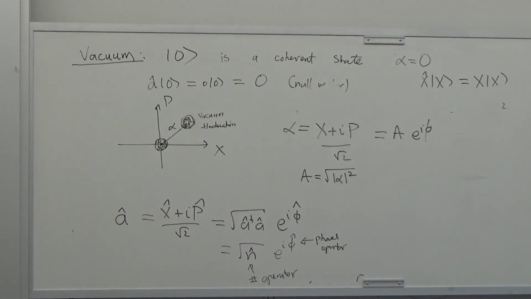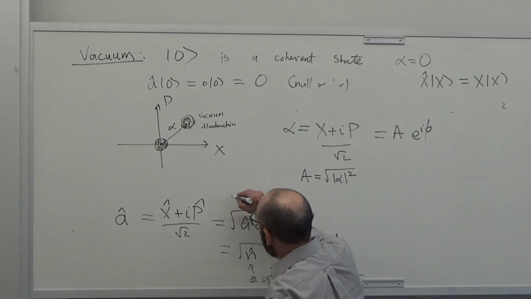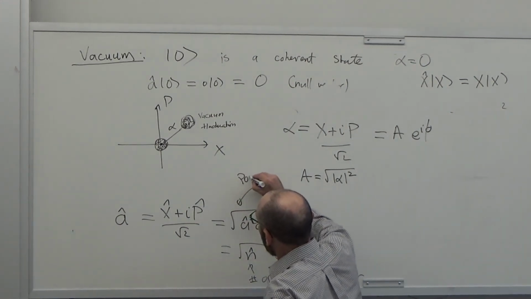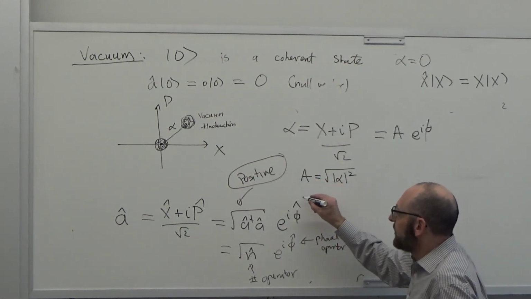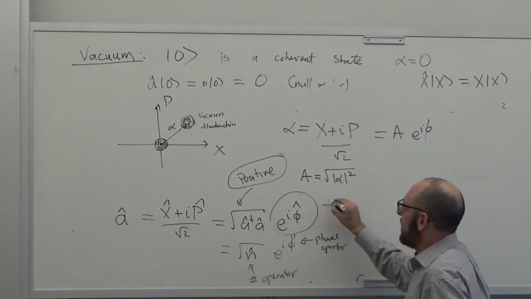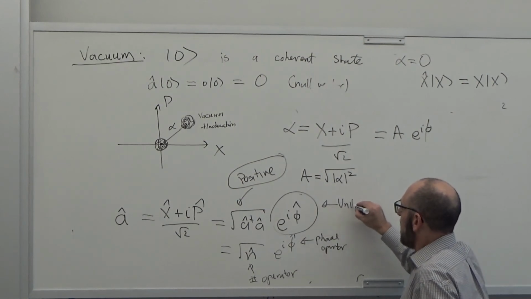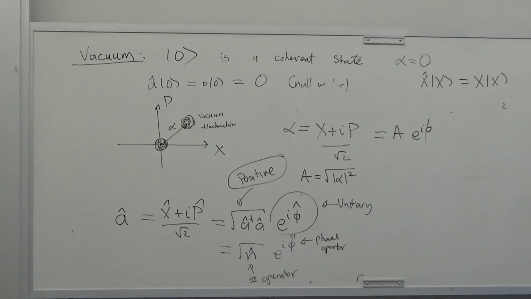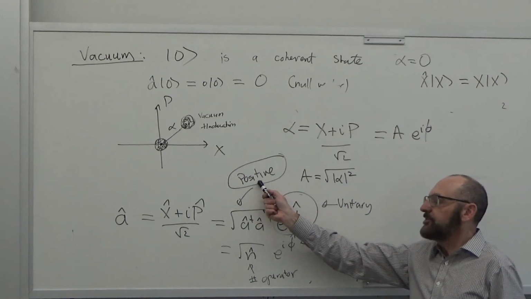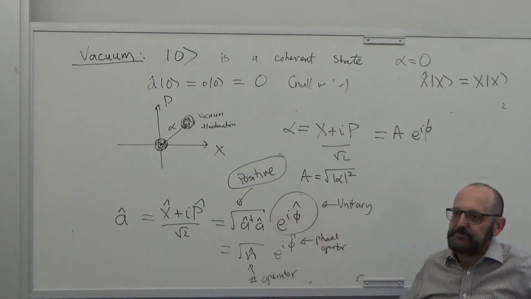We can always take a matrix and write down a polar decomposition in terms of a positive operator, an operator that has only non-negative eigenvalues, and a unitary operator. A unitary operator is the exponential e to the i times a Hermitian. So any matrix can be expressed as the product of a positive operator and a unitary operator.